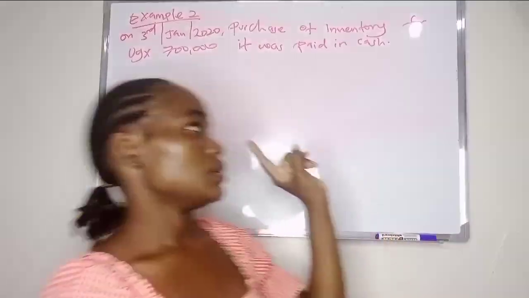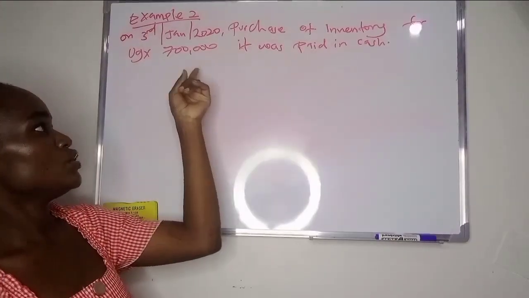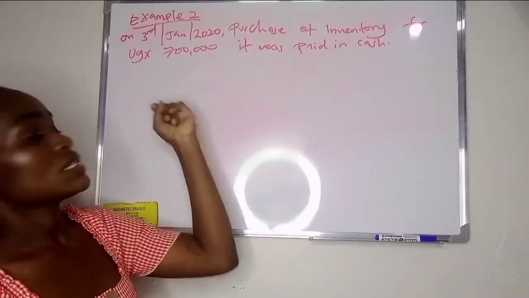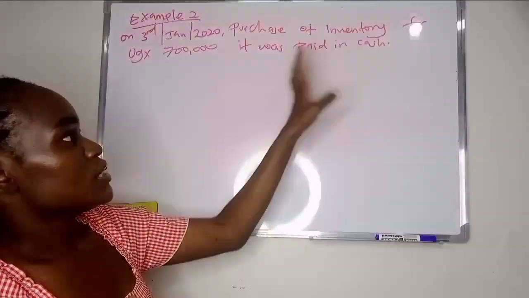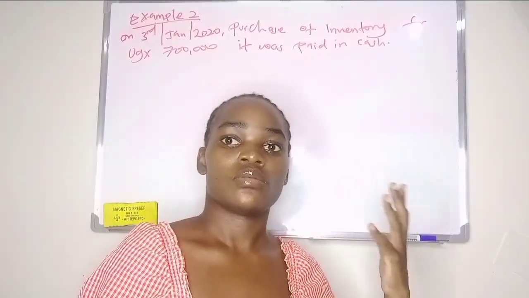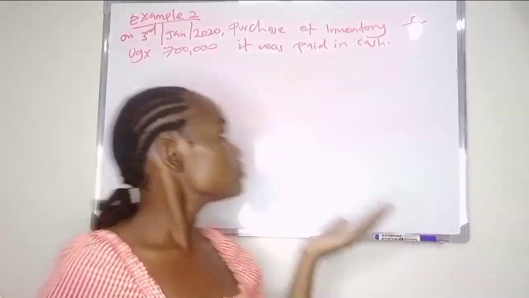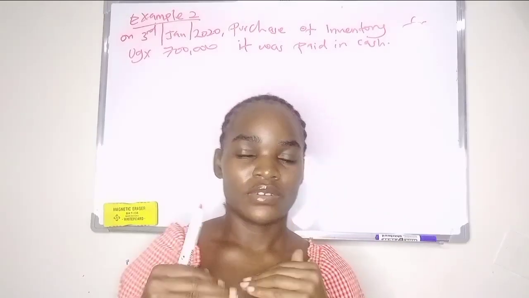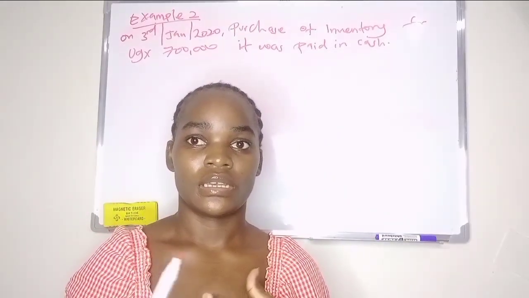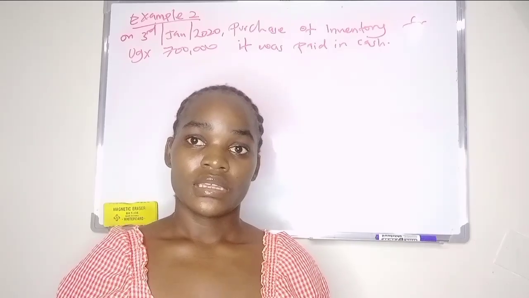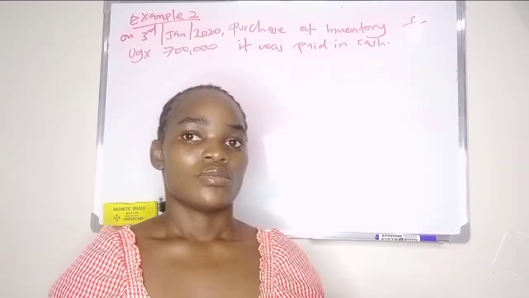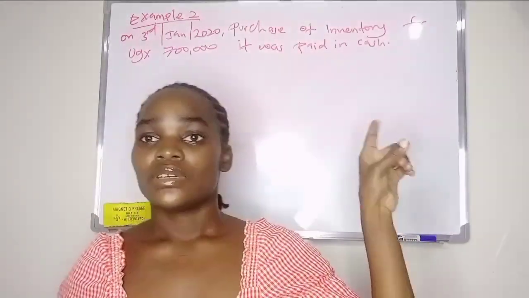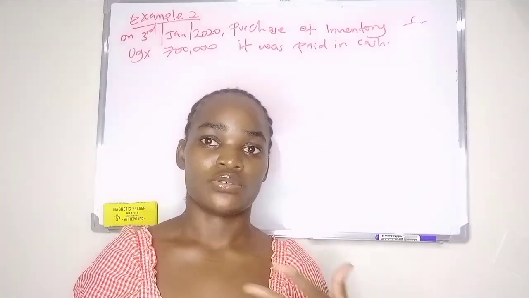So this is the second example. It says on 3rd Jan 2020, there was purchase of inventory of 700,000. It was paid in cash. So here we're having purchase of inventory. When they purchase inventory, it means that inventory is increasing, and inventory is a current asset. Assets increase by debiting. So inventory is increasing, and then they paid for that inventory using cash. So cash is reducing.